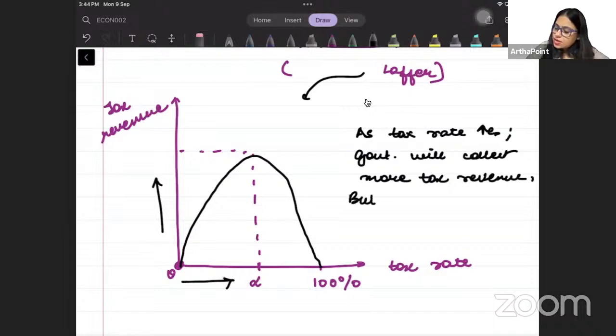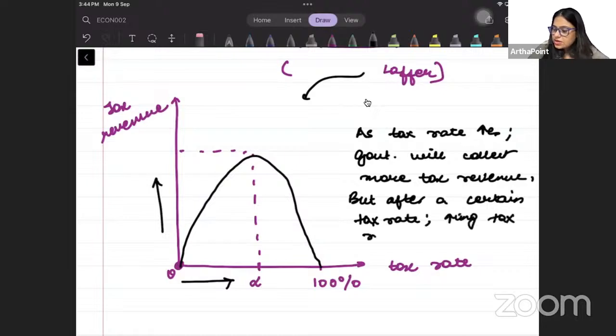But after a certain tax rate, increasing tax rate decreases tax revenue. So if I keep increasing the tax rate, tax revenue will decrease. Clear? So this is your theory, beta.